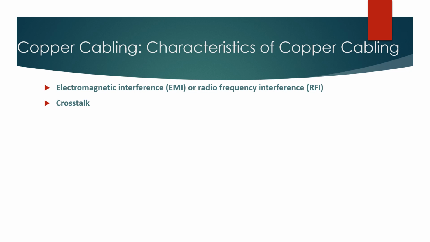The second one is crosstalk, which is a disturbance caused by the electrical or magnetic field of a signal on one wire to the signal in an adjacent wire.